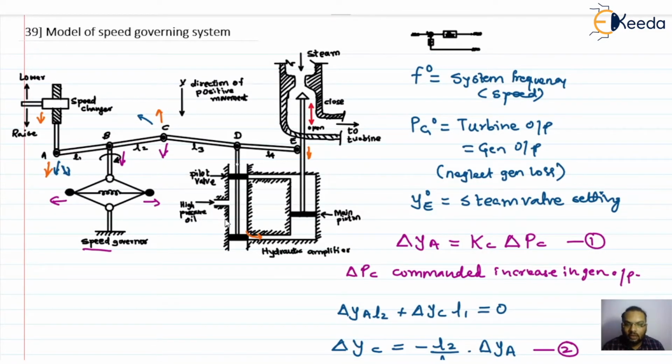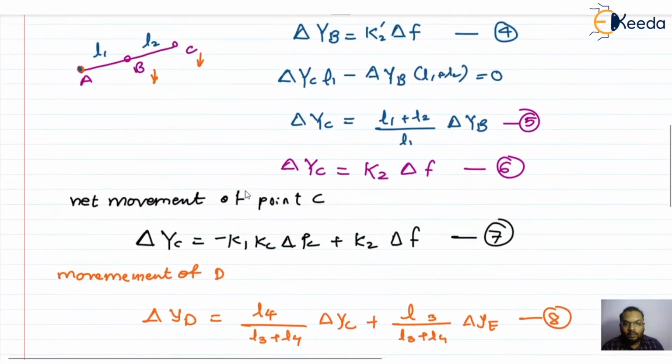When the high pressure oil comes and exerts some force on that main piston, it will oppose it with the help of that inertia. So let us assume that the pressure of the oil is very high as compared to the inertia of this main piston. So we are going to neglect the inertia of the main piston in this condition. The second assumption is that the amount of oil entering this cylinder is proportional to the time for which the pilot valves are open.